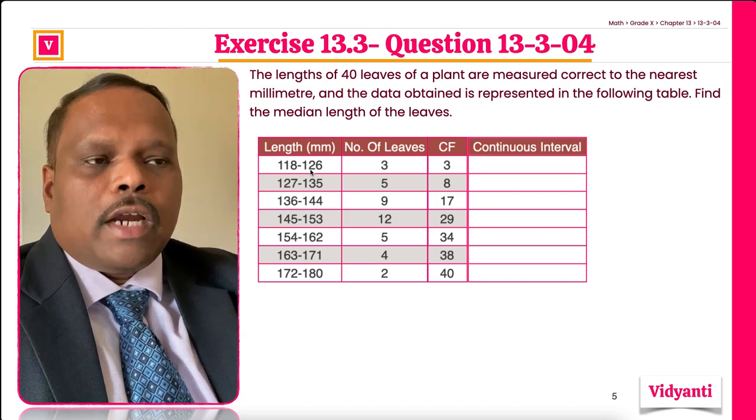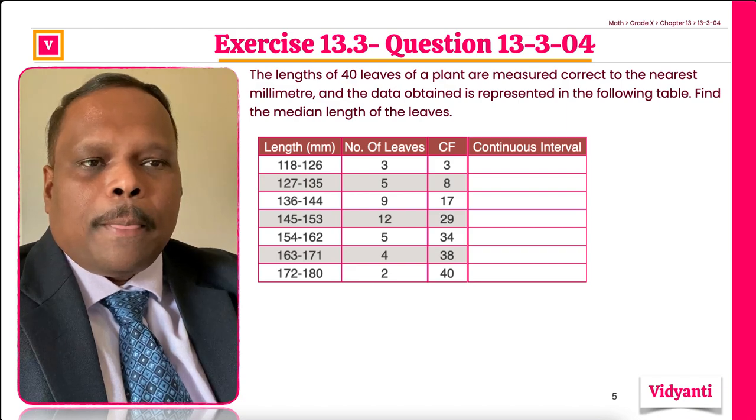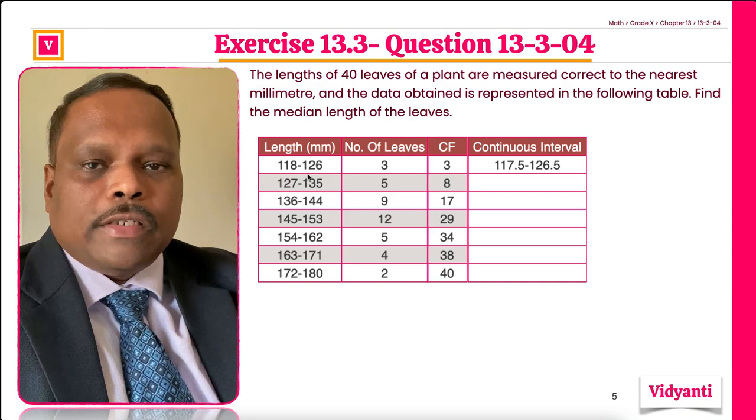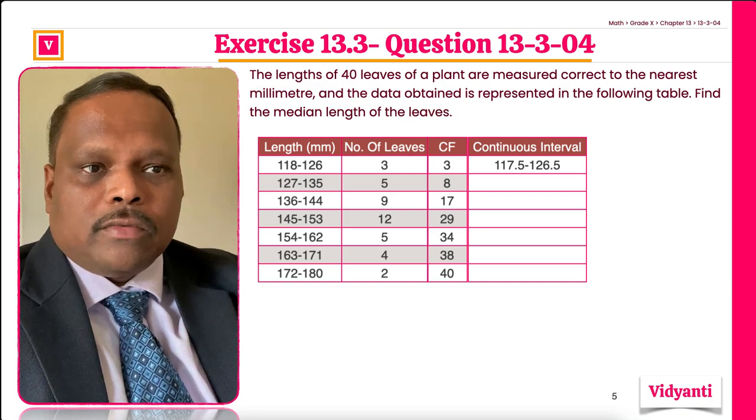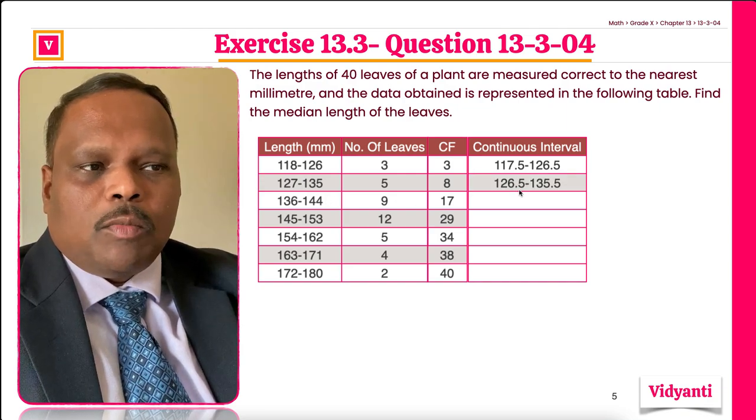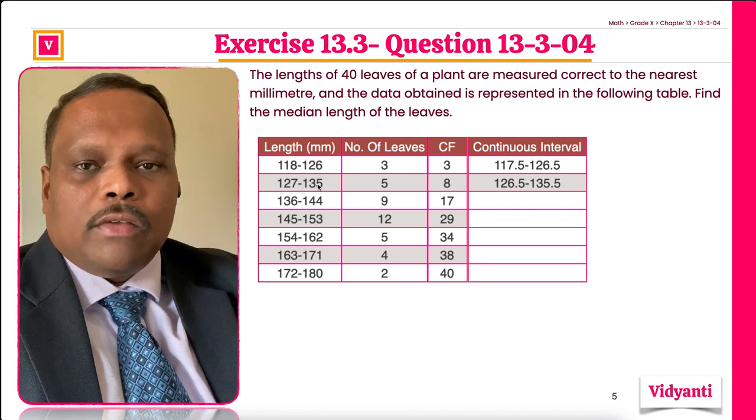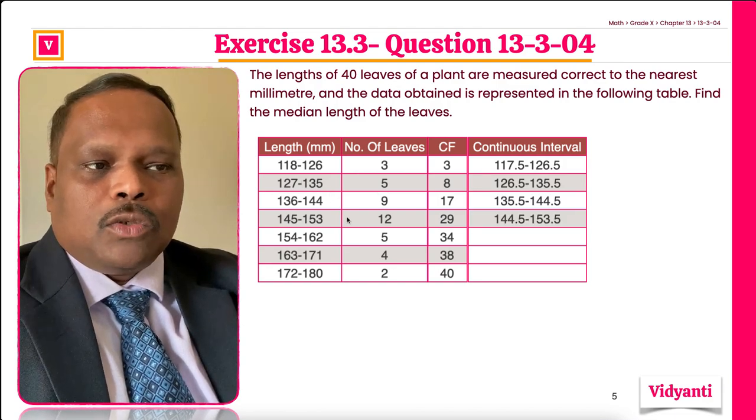So let's write that as continuous interval. That would be 117.5, half subtracted from here, and 126.5, half added on the other side. We will do the same thing for remaining class intervals. That would become 126.5 and 135.5, and so on.